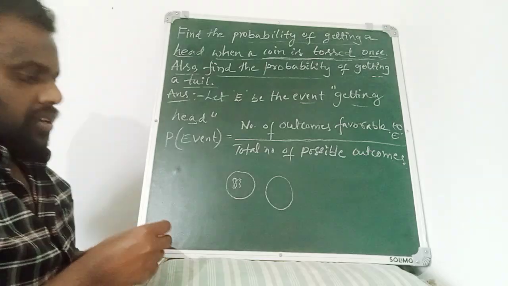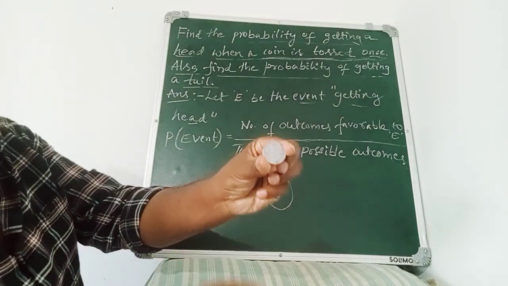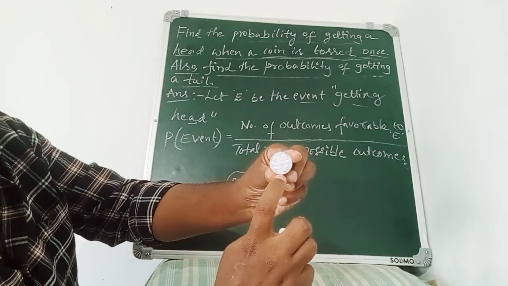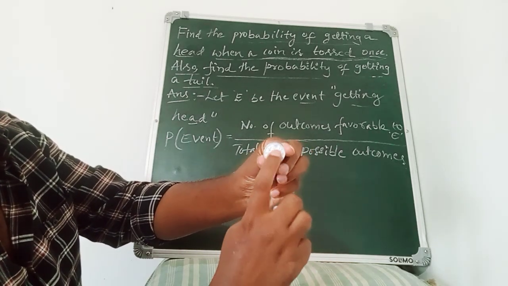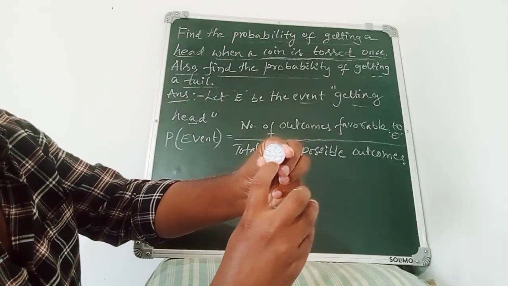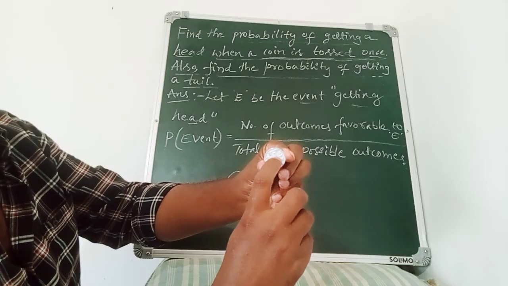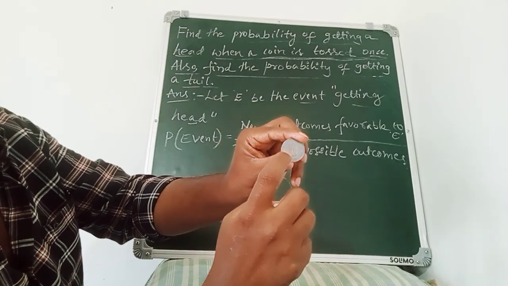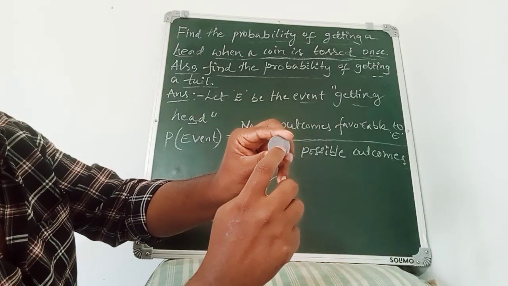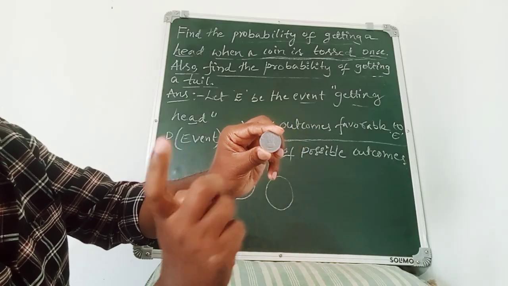You have seen a coin, right? The coin number is there, like 2 rupees, 1 rupee like that. This is an Indian coin. The side with the coin number is called tail, and there is a lion symbol. So that side is called head.